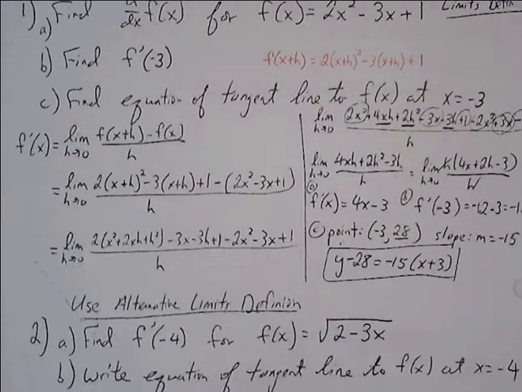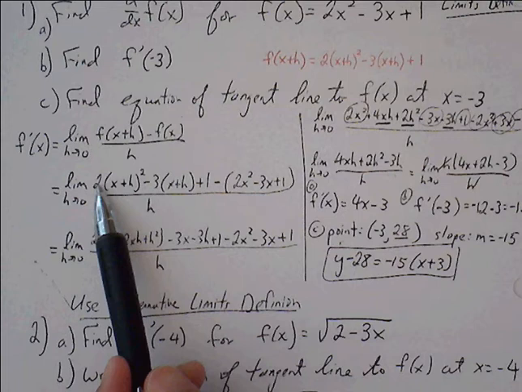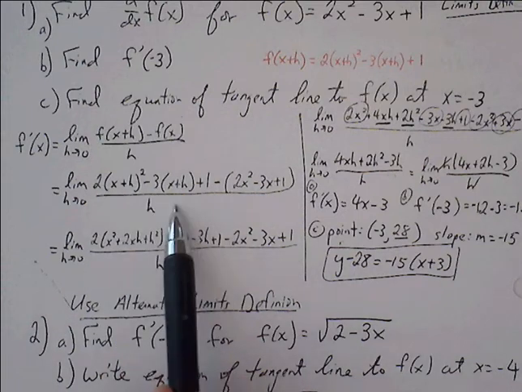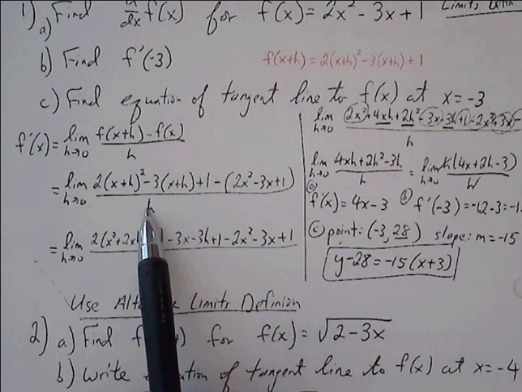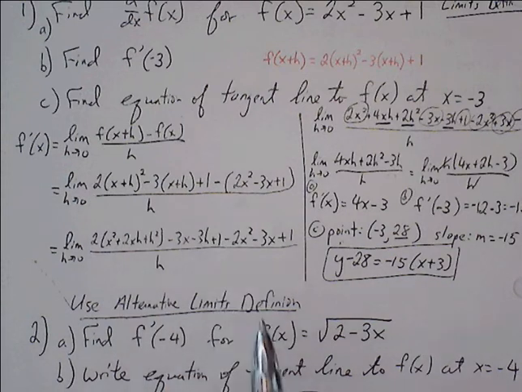Now this is just a limit problem where if we plug in 0, we're going to get 0 over 0. So we're going to try to factor out h so we can eliminate it from the numerator and denominator and then reevaluate the limit. But first we need to expand everything out and combine like terms.